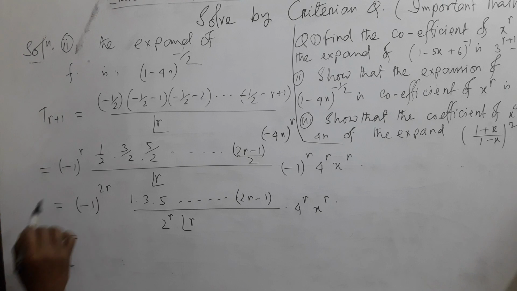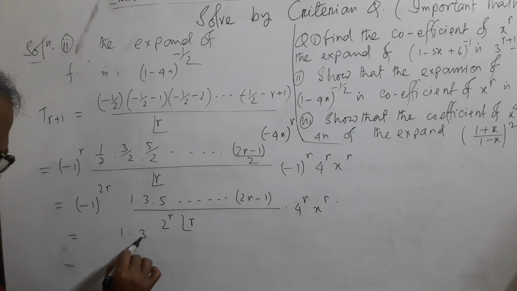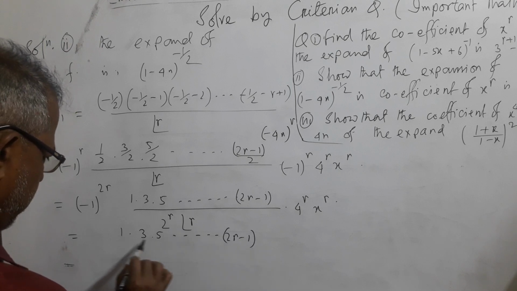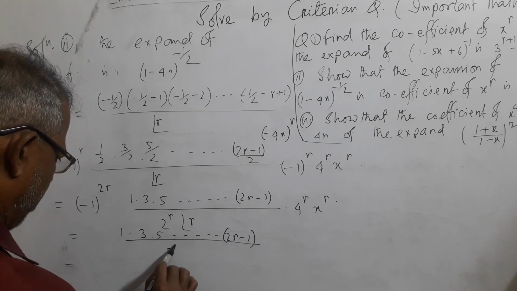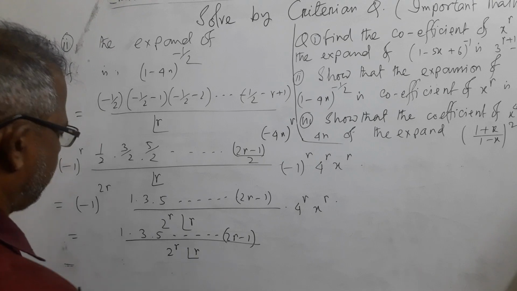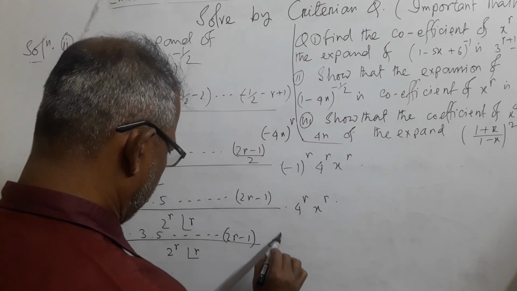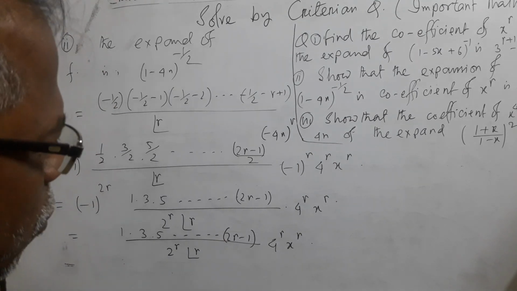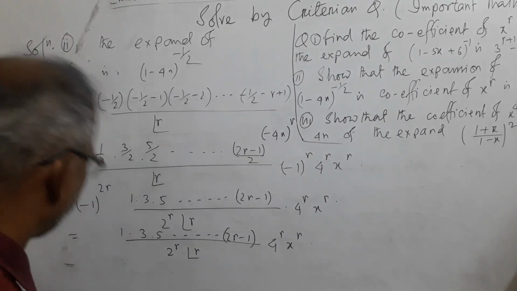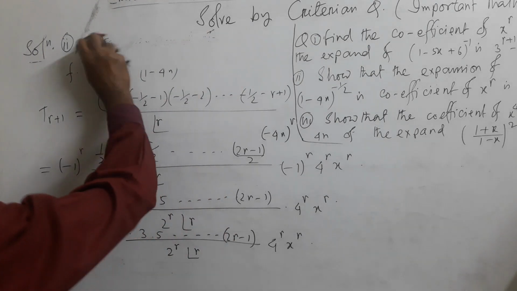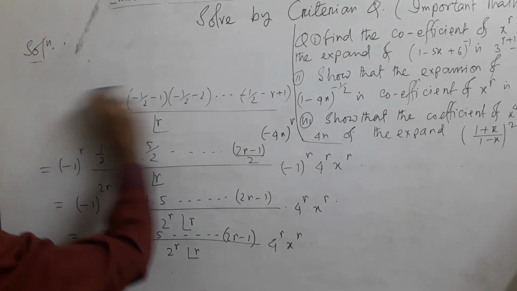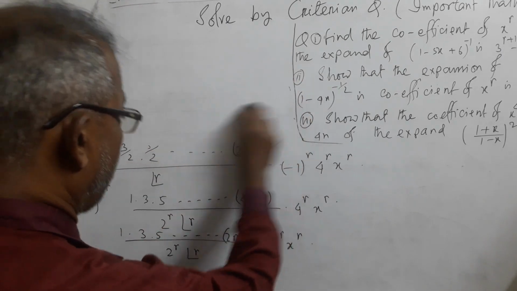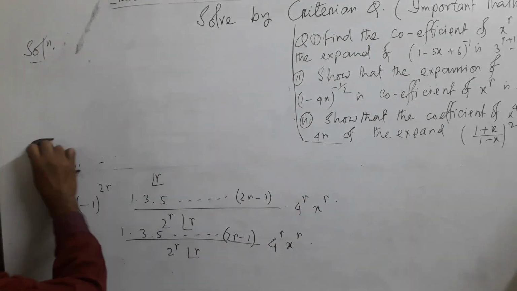So 1 3 5 up to (2r minus 1) divided by 2 to the power r factorial r and 4 to the power r x to the power r. Clear? Of course clear. You have to practice deeply, then you will memorize this system.